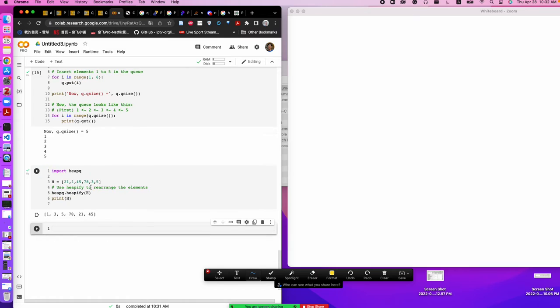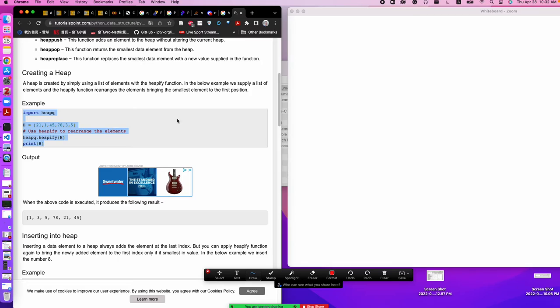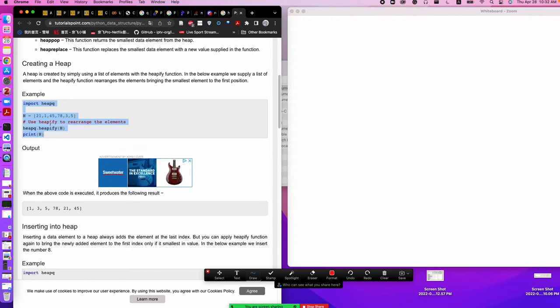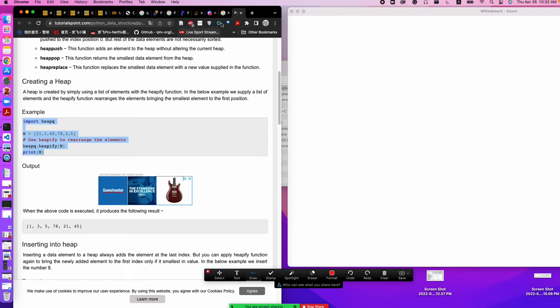Yeah, so maybe the philosophy of this one is, here we have a list: 21, 1, 14, 45, 78, 3, and 5. So each one, I think, should be a weighting factor. So after the heapify, we got a priority tree, right?